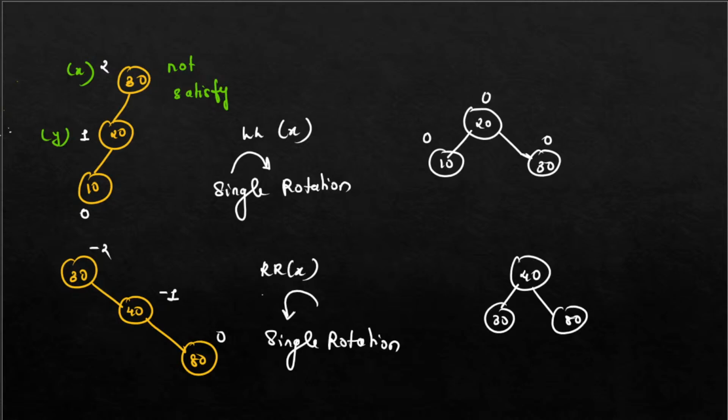Let's discuss now double rotation. For double rotation, I'll take this tree: 30, 20 and this is 25. So this is 0, this is -1, this is 2.